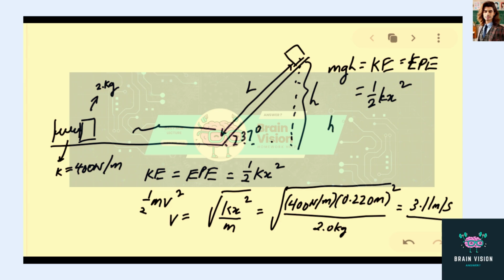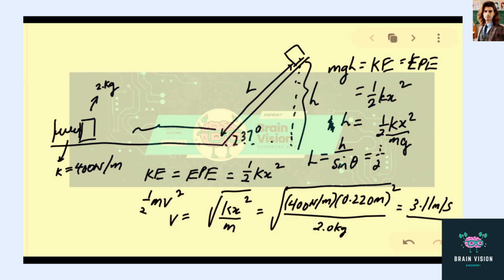So h is equal to half kx squared over mg, and we know that L is basically h over sine theta, where theta is 37 degrees.